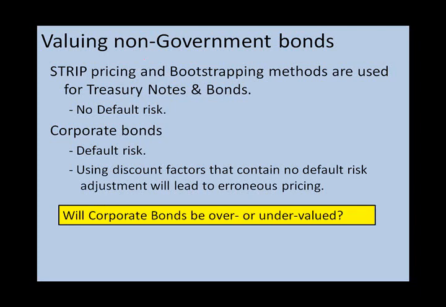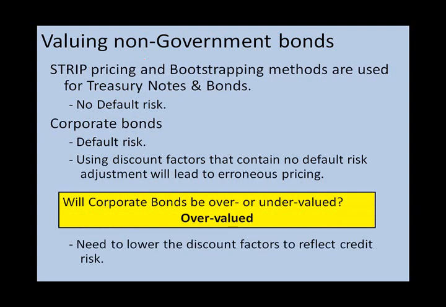So do you think the corporate bonds will be overvalued or undervalued if we use these discount factors based on government bonds where there's no default risk? If there's default risk, you'd think you'd require higher rates of return. In other words, your discount rates will be higher, which would mean your discount factors would be lower. So if we use these government discount factors, the corporate bonds are going to be overvalued. We need to lower the discount factors to reflect credit risk.